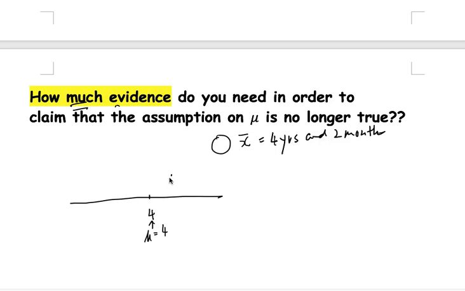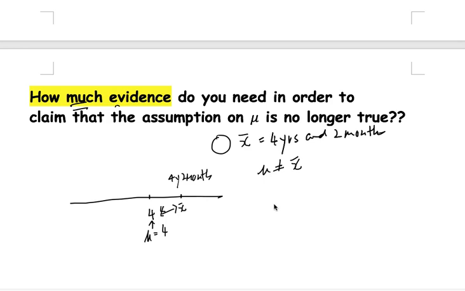So 4 is here, and say 4 years and 2 months is this point. Now, it's still pretty close to 4, right? My sample mean. So do I have enough evidence to say that mu is not 4 anymore? So this distance between my sample mean and mu, is it too small? Because you know that mu is not going to be exactly the same as our sample mean. So is 4 years, 2 months not far enough from 4?